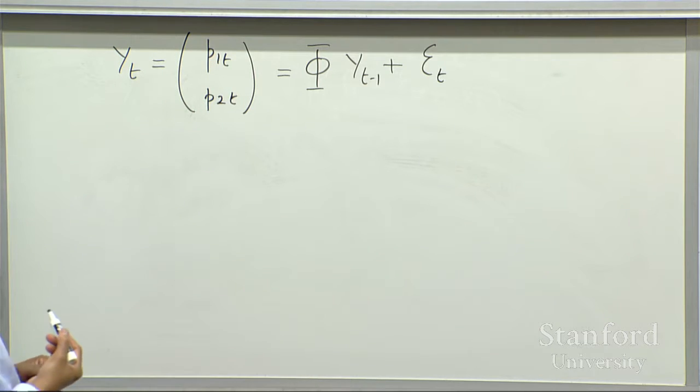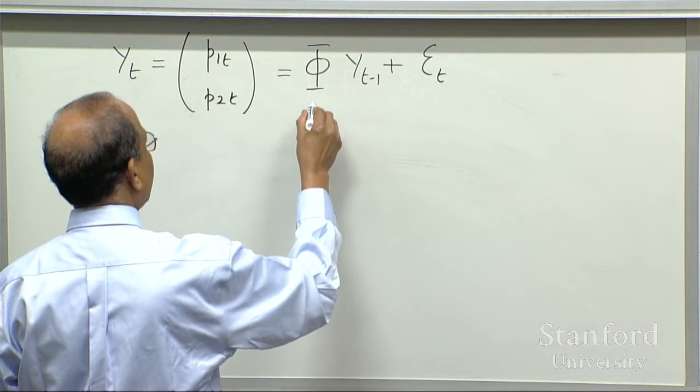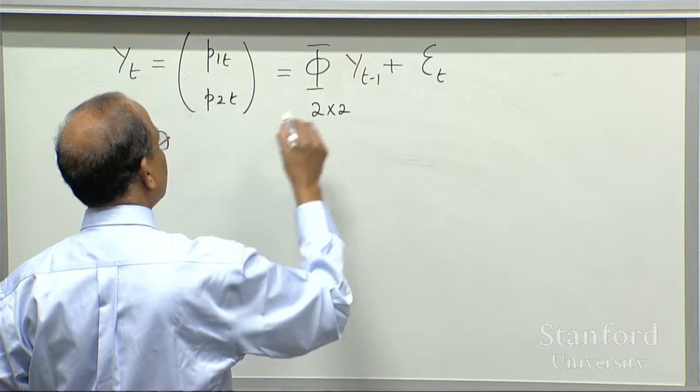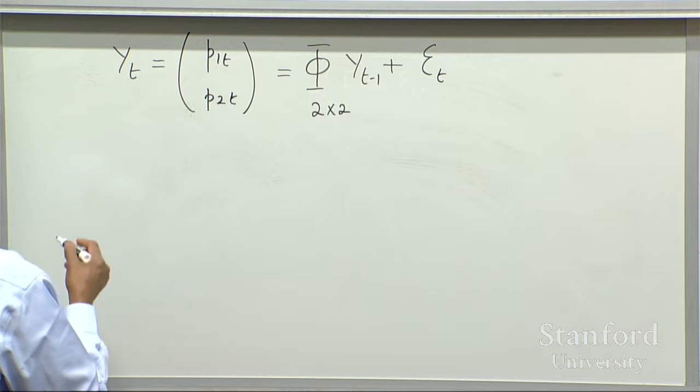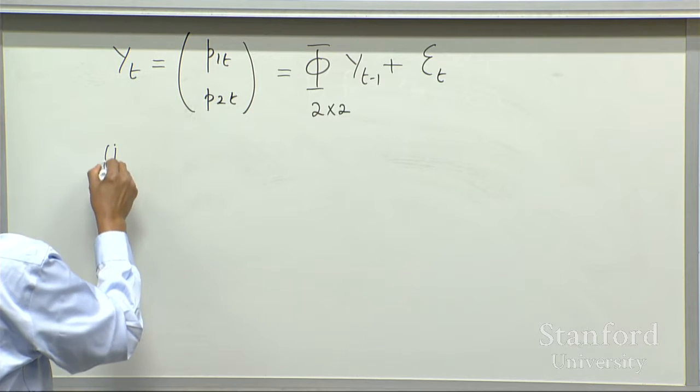Okay. So in this case, you can see this is a 2 by 2 matrix. And what does it mean to say that the process is co-integrated? Okay. In order to do co-integration, we need to test the following.